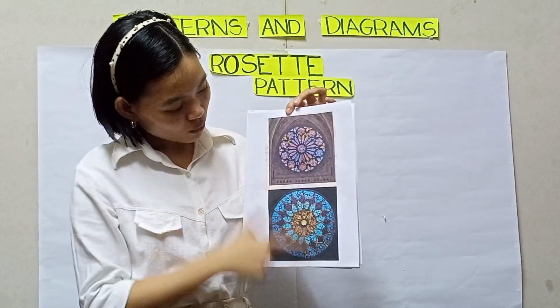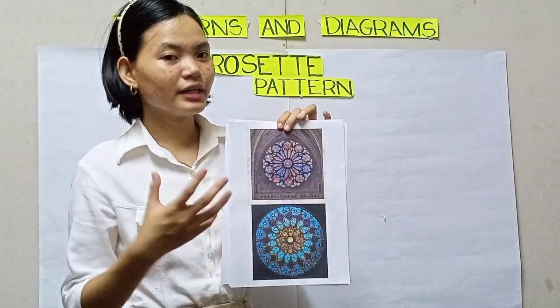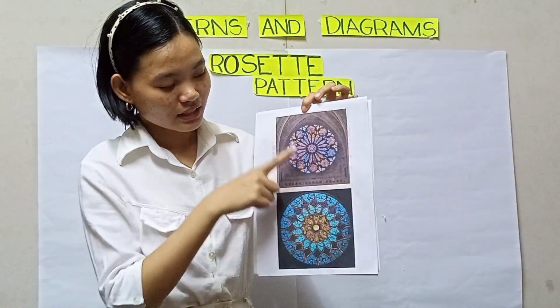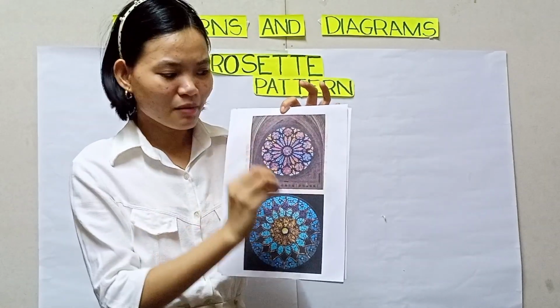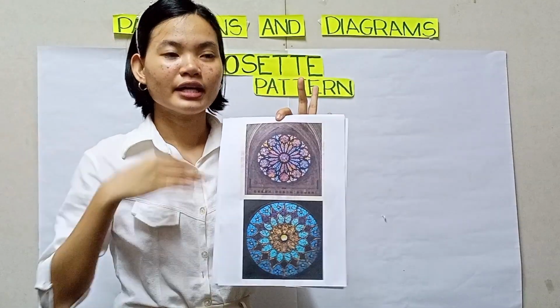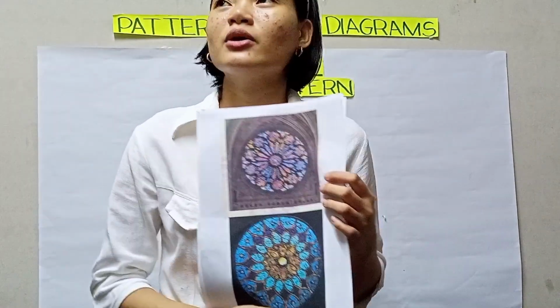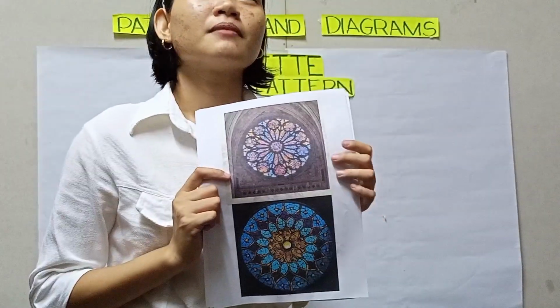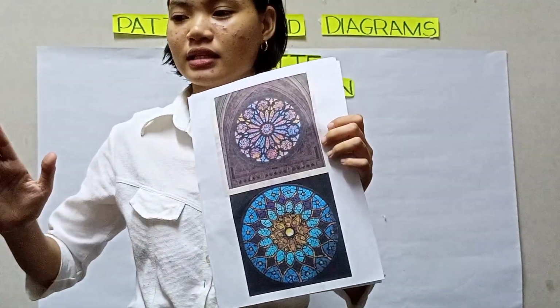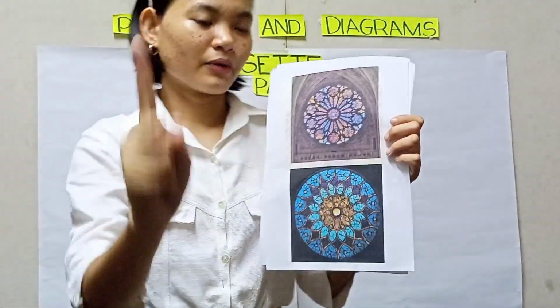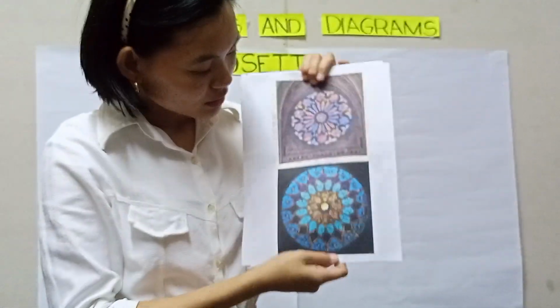Okay, so why does it belong to the Rosette pattern? It belongs because all of its elements radiate outward and it showcases radial symmetry. What do I mean by radial? When you say radial, it's like going outwards. It radiates.